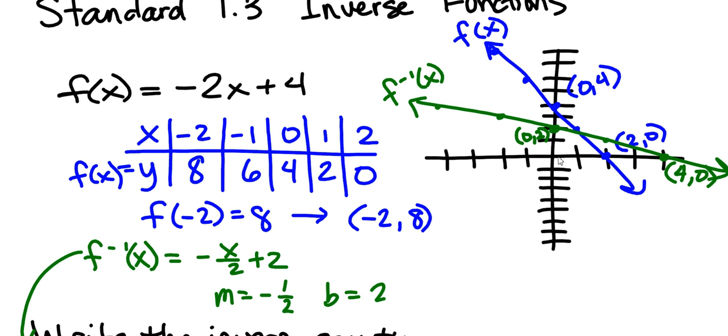Also with this, we can see that it's reflecting over the line y equals x. So I know that the scales are different here, but what I did is I basically took these and I flipped them over this line y equals x, and that's what an inverse is doing. It's switching that x and y, and so it's flipping your ordered pairs over that line.